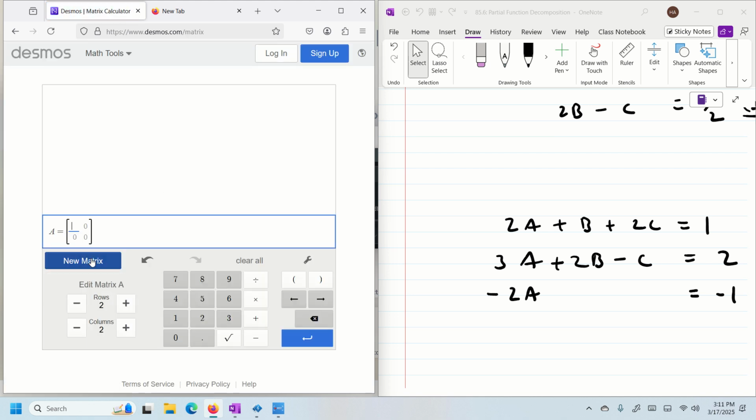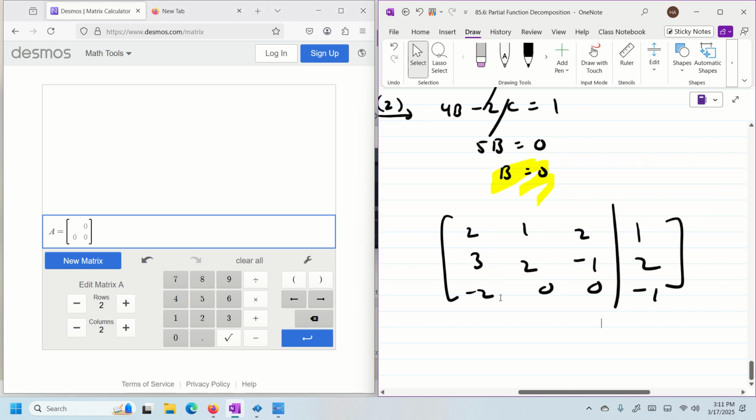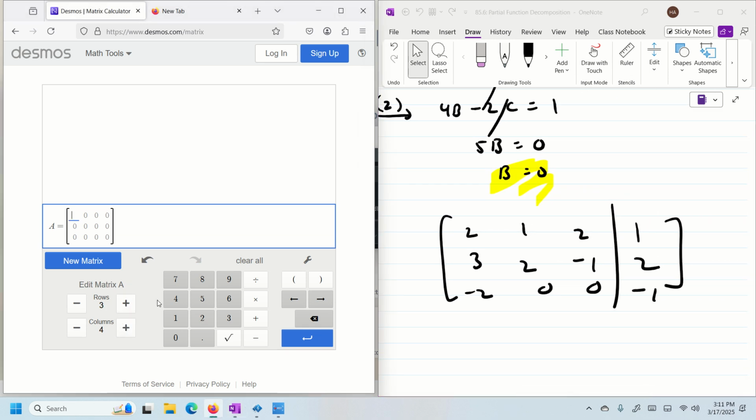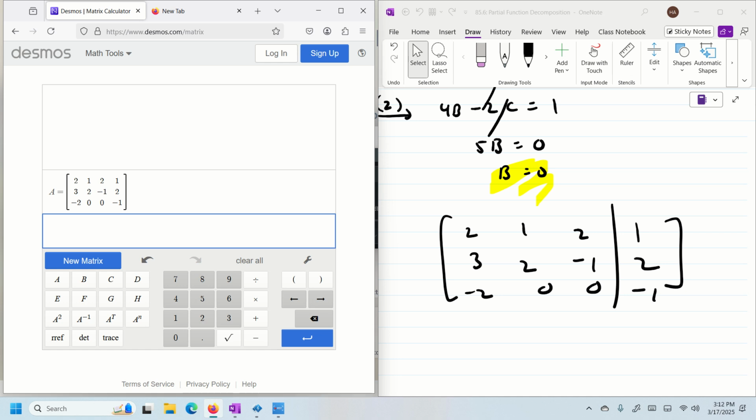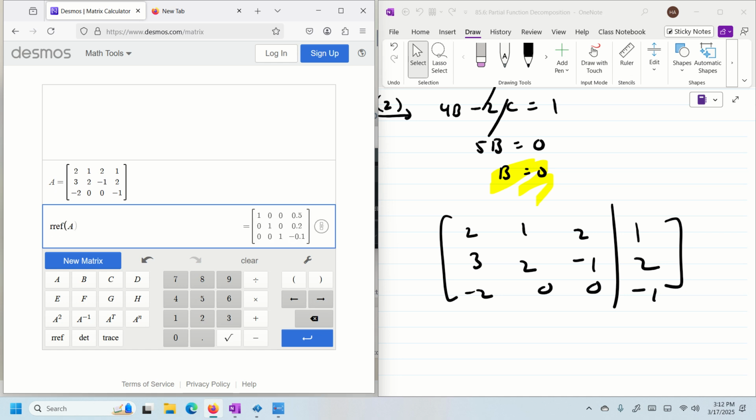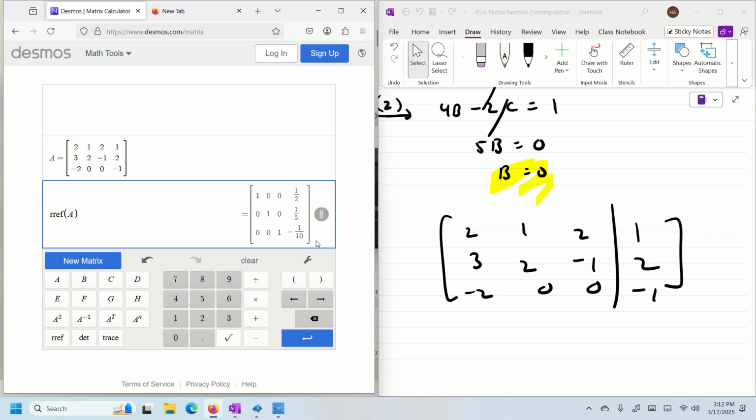We can create a new matrix, and in this case we want a 3x4 matrix, 3 rows and 4 columns, with 2, 1, 2, 1, 3, 2, -1, 2, -2, 0, 0, -1. And we can do the reduced row echelon form of that matrix and get this answer that we can make even better by clicking on this tab here.